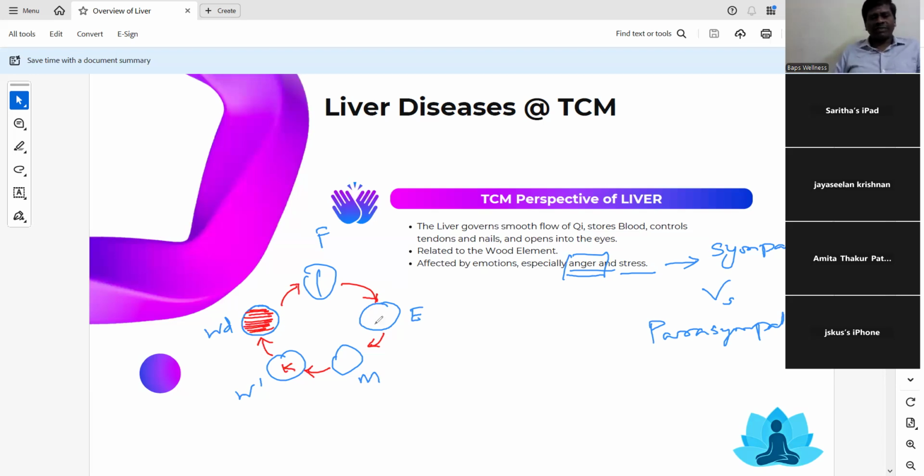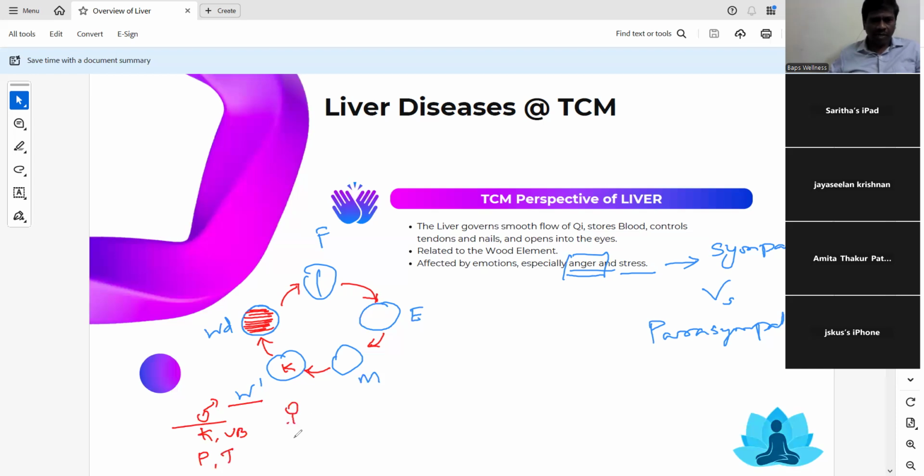Whatever the disease we have seen so far as per modern medicine, in most of the conditions the persons will have some problem related to the water element. So the symptoms can be seen in the water element organs also. For example, in the case of male, it may be in the kidney, urinary bladder, and then prostate and testis.